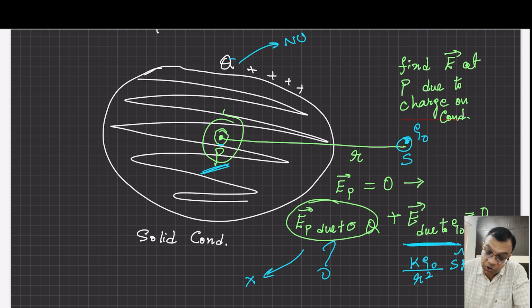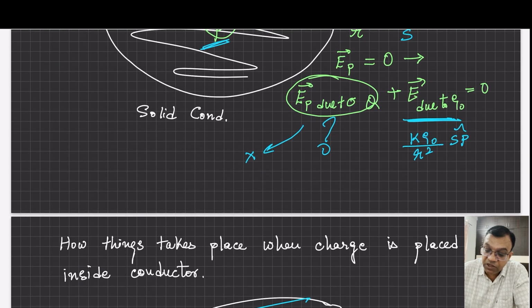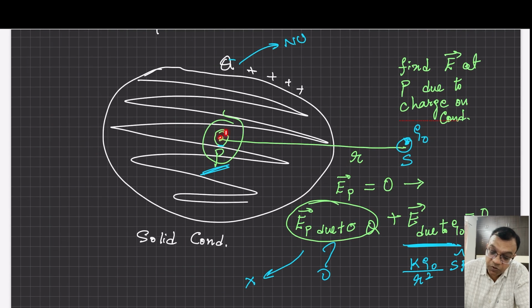Now the sum of these two is 0. This we don't have any method to find, but this we have the basic formula to find. So this is equal to the negative of this. That is, the electric field intensity at this point due to the charge on the surface of the conductor is K Q naught upon R square, in this direction, towards the point S.